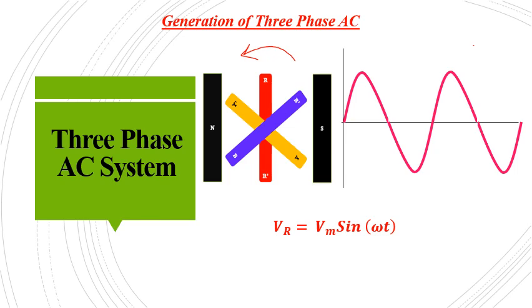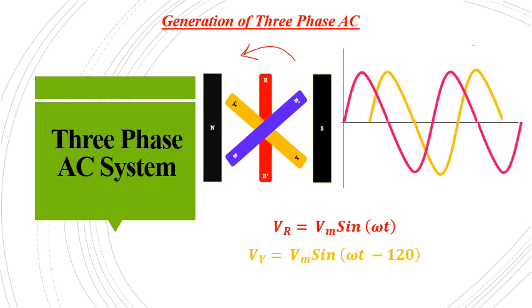So the voltage generated in the Y-phase coil will be 120 degrees lagging from the voltage generated in the R-phase coil, that is VY is equal to Vm sin omega t minus 120 degrees. So the voltage in the Y phase can be drawn 120 degrees shifted from the R phase, just like this.